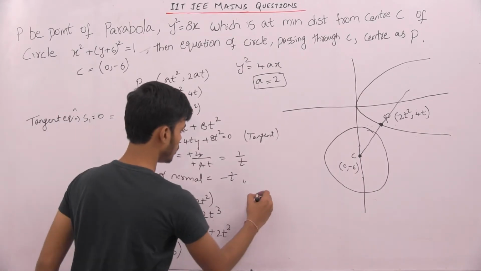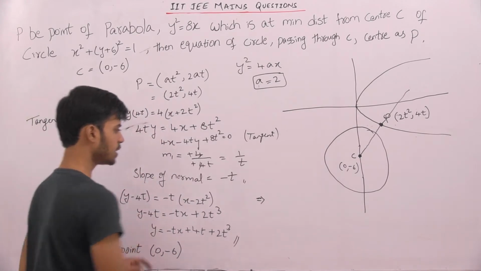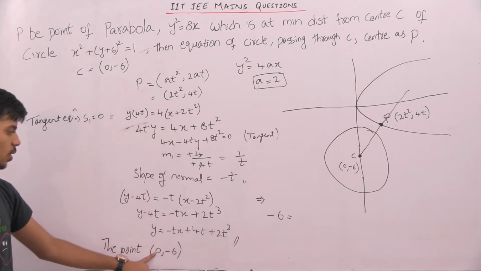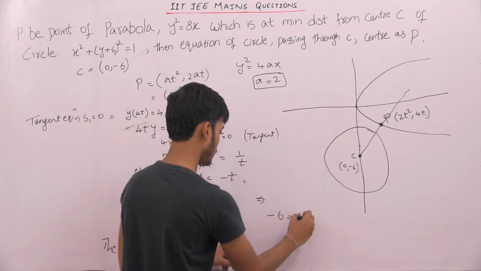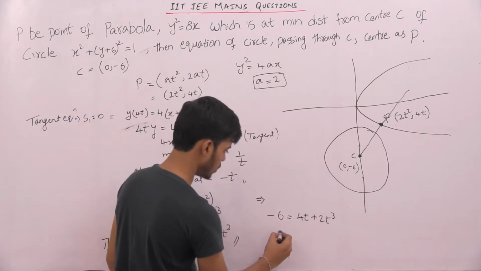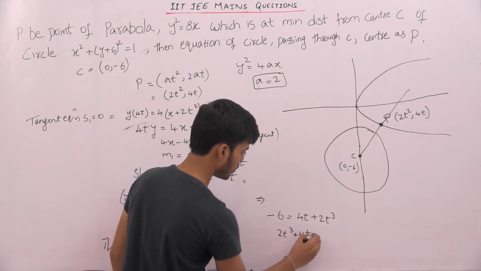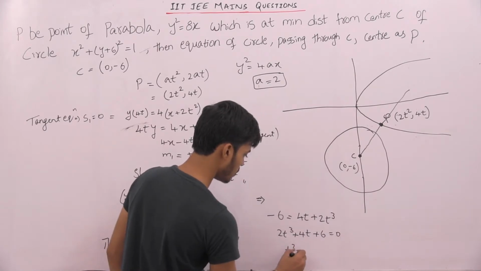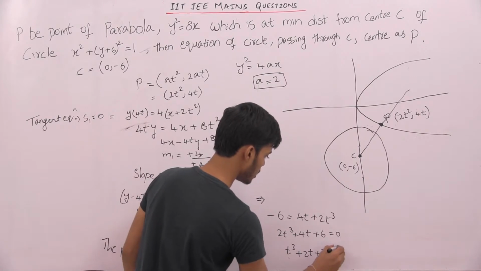Let's substitute it: minus 6 is equal to, with x being 0, we are left with 4t plus 2t cube, which gives us 2t cube plus 4t plus 6 equal to 0. So t cube plus 2t plus 3 is 0.